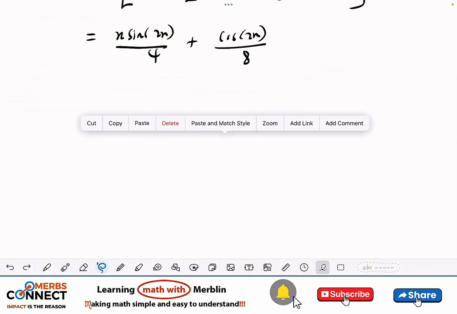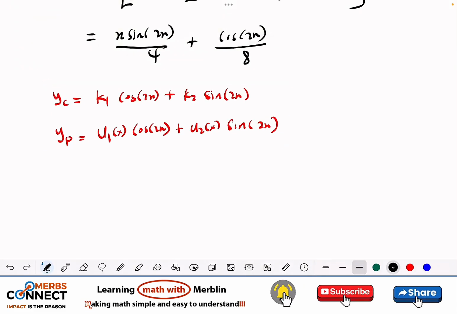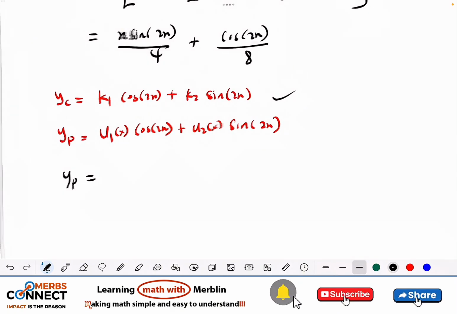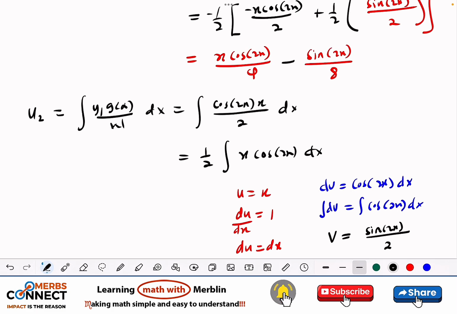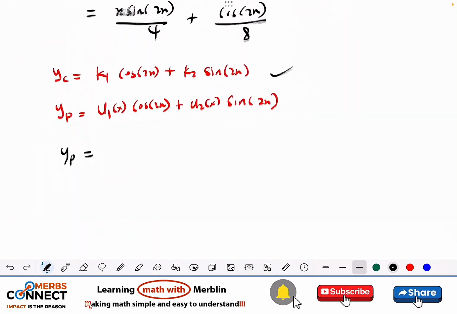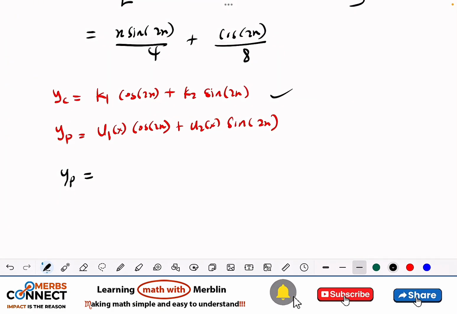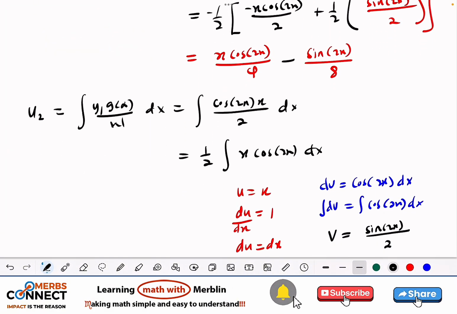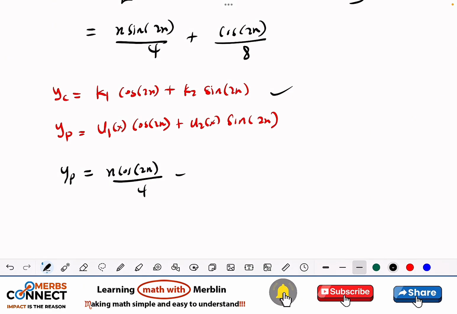Good. So I have my complementary solution here. My particular solution now will be equal to u1, which was x cos 2x divided by 4 minus sine 2x divided by 8.